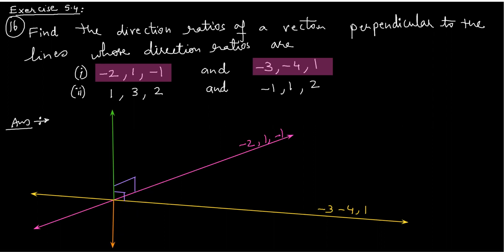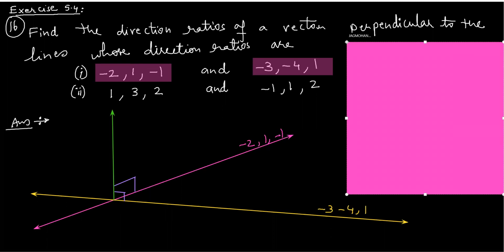As we have done earlier, when we learned DRs, I had written a very important point and I said that you have to learn by heart this point under points to be remembered.